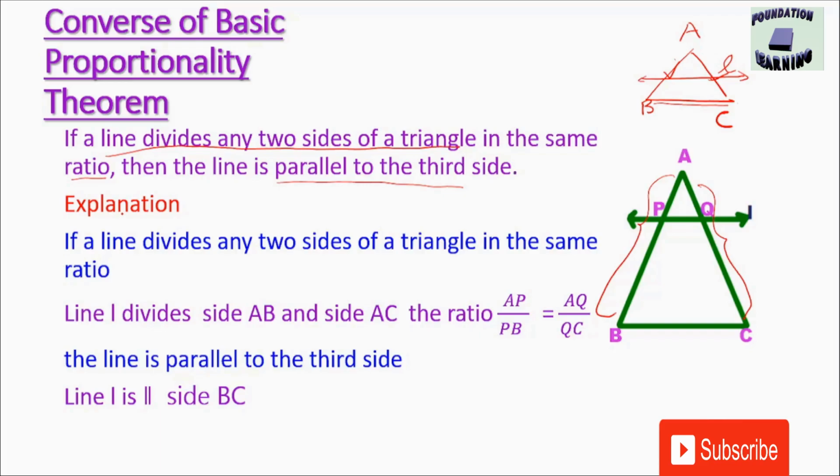So let's understand each part of the theorem. If a line divides any two sides of a triangle in the same ratio. Now which line is dividing? Line L. Line L is dividing side AB and side AC in the ratio AP upon PB, that is this part, AP, upon this part, PB.